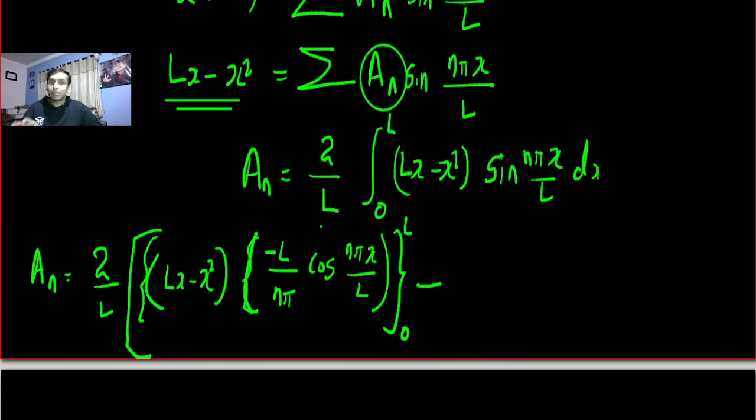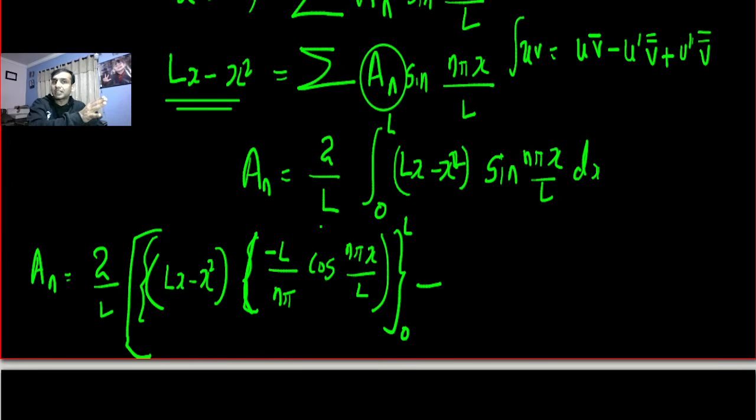I hope you remember Bernoulli's rule. If not, I'll write it here. Integral uv equals u and integration of v, minus u dash, again integrate that part, plus again differentiate, again integrate, till the polynomial vanishes. Can you see the polynomial is of degree 2? It is going to vanish in the third step, and after that it will be gone.